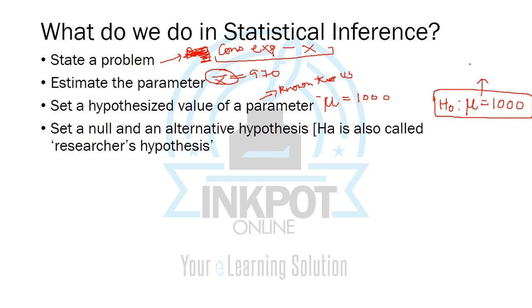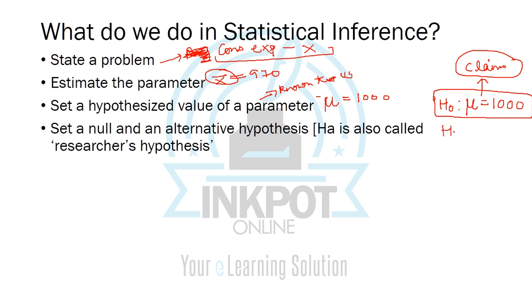And so the null hypothesis is usually specified in terms of some claim. It can be that the claim was that it's less than 1000, but usually in this case we're taking it as equal to 1000.